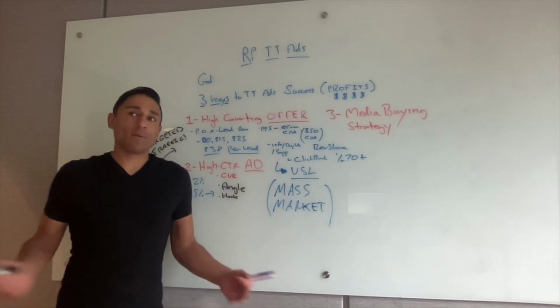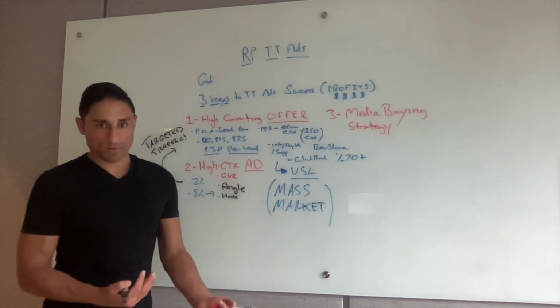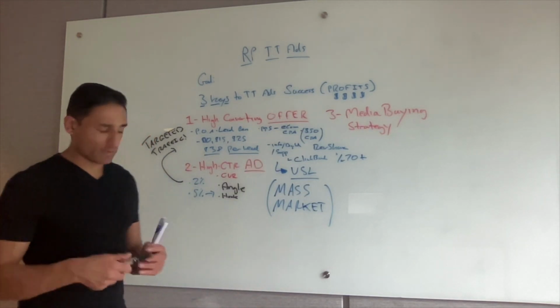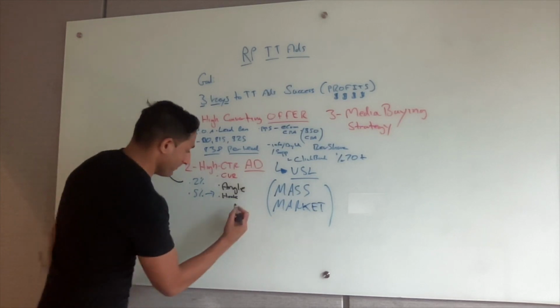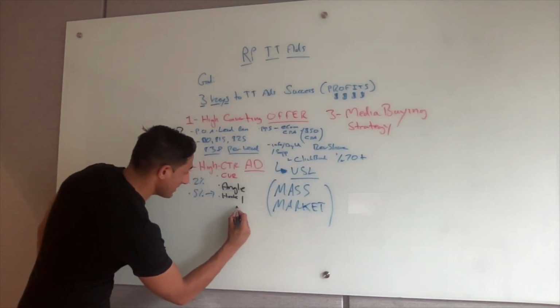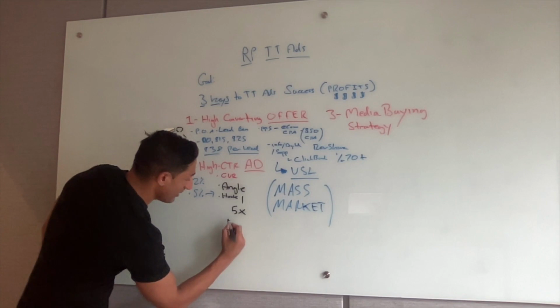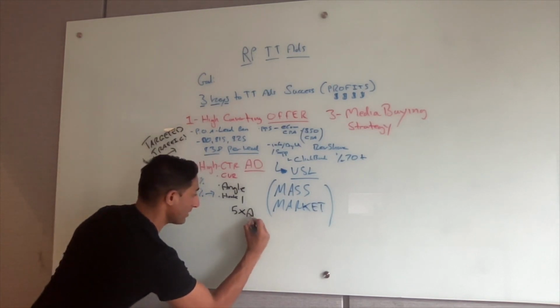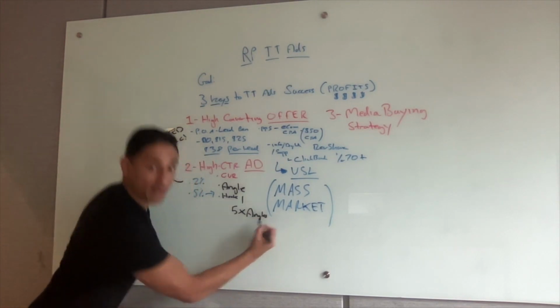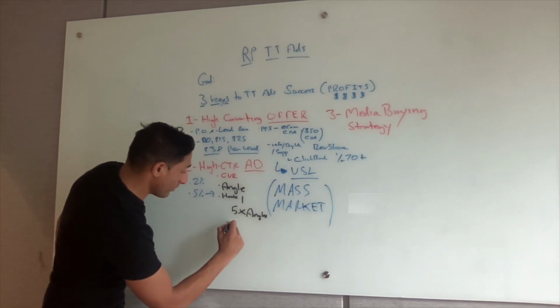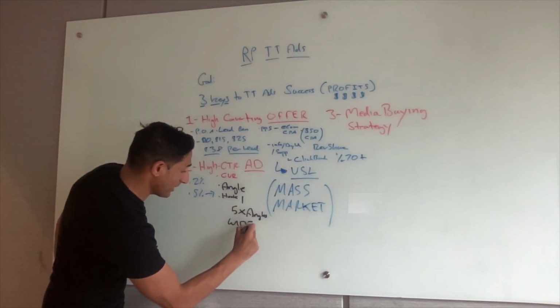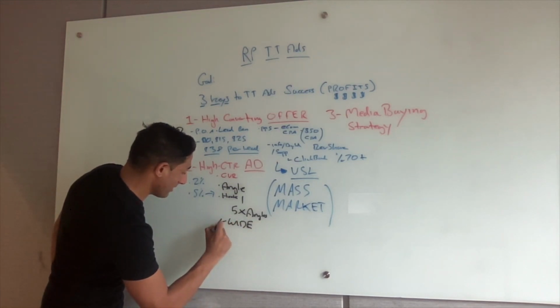How many angles do we create? How many ads do we create? As a baseline, I'm just going to give you this, okay? We want to test at least 5 angles, right? And we want them to be wide. And what do I mean by wide?